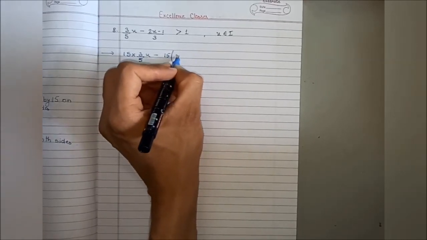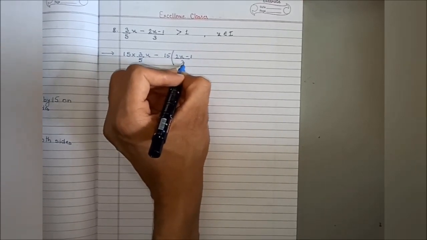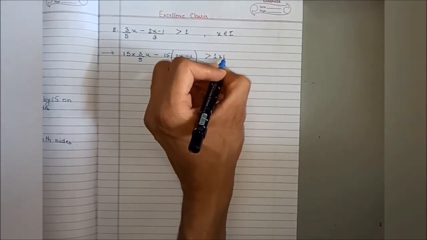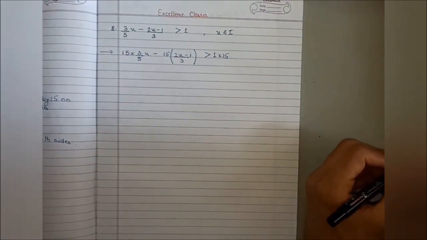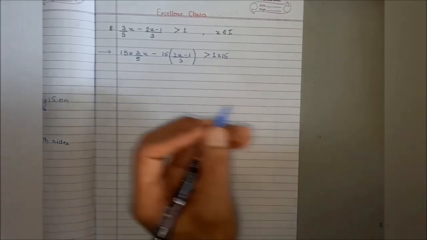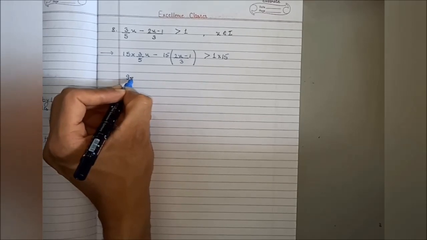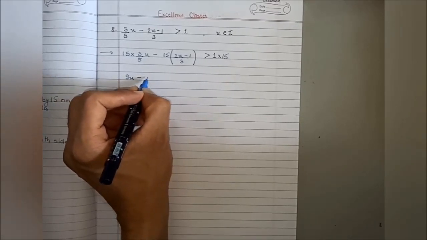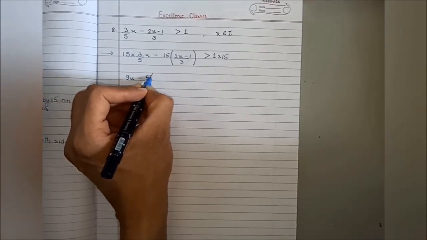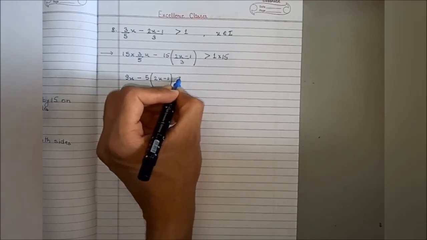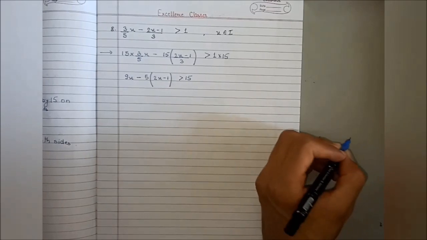If you are multiplying by a positive number on both the sides, the inequality sign is not going to change. So after simplifying this, what I'll be getting is 9x minus 5 into bracket 2x minus 1 greater than 15.